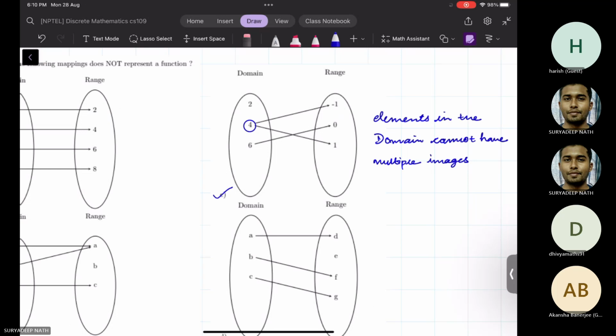So for every element in the domain, there should be a unique image in the range, and that image could have another pre-image in the domain. That is all right, but every element in the domain must have a unique image.